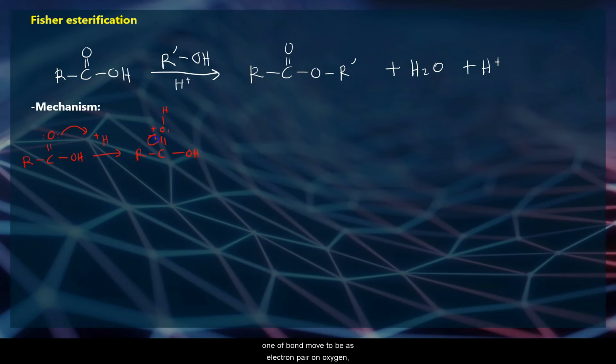One of the bond moves to become an electron pair on oxygen as it neutralizes oxygen. At the same time, an electron pair on oxygen from alcohol attacks C at C double bond O. Oxygen from alcohol becomes positive.